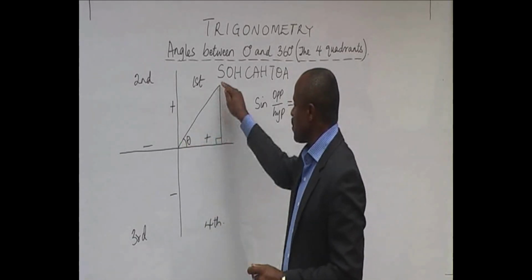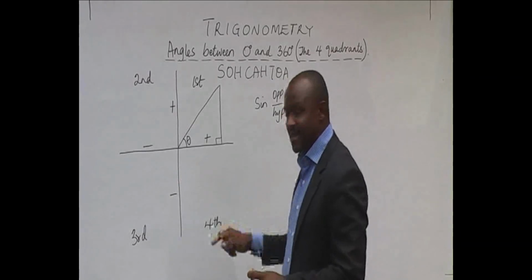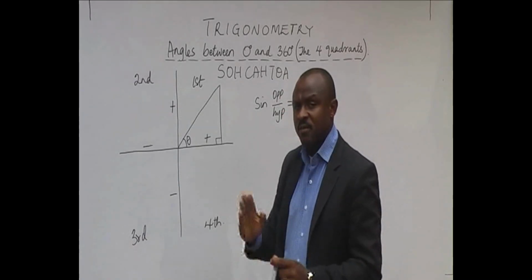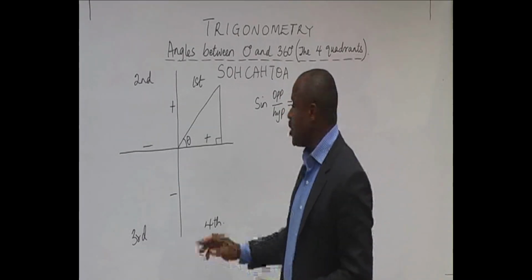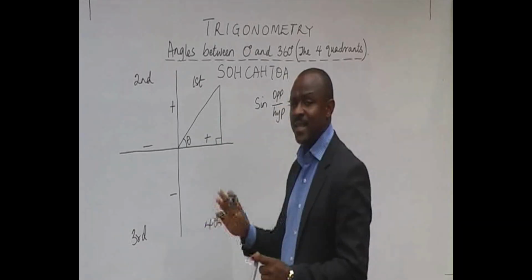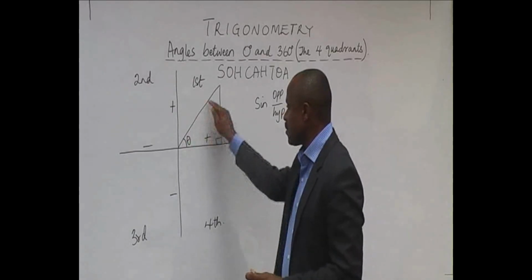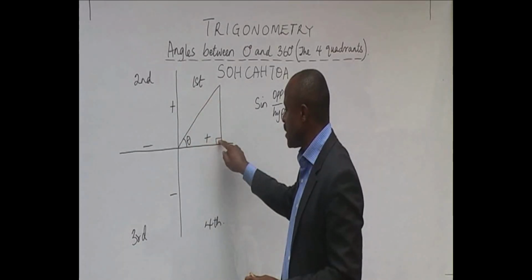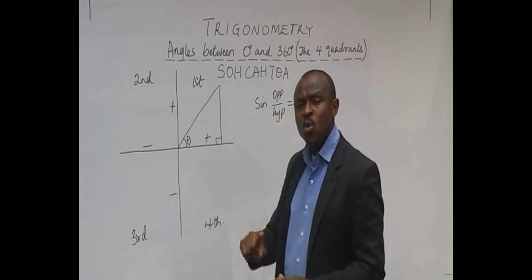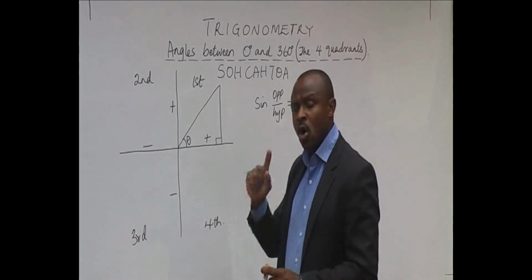The hypotenuse in all the quadrants is always a positive value. It is only the opposite or the adjacent that might vary depending on the quadrant.